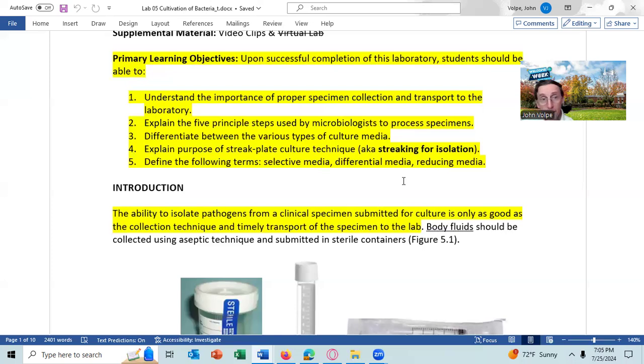All right. So the ability to isolate pathogens from a clinical specimen submitted for culture is only as good as the collection technique and the timely transport of the specimen to the lab.